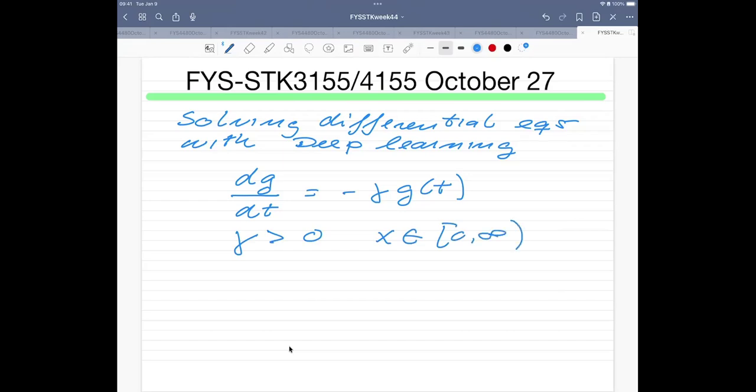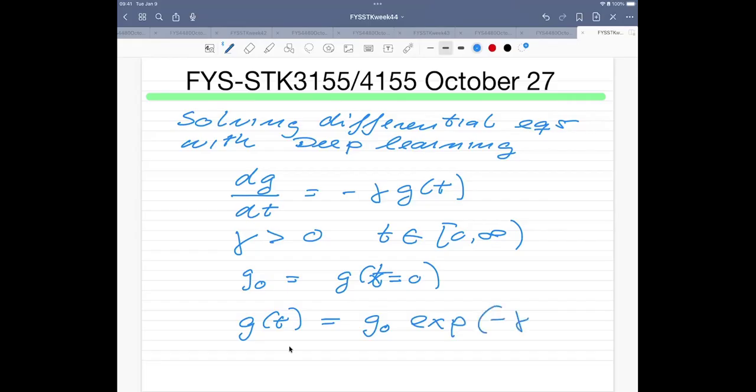We know that if we define a quantity g0, given by the solution at t equals 0, and I wrote x here, it should be t, then the solution is g(t) equal to g0 multiplied with the exponential of minus gamma times t. This gamma is normally called the decay rate in exponential decay.